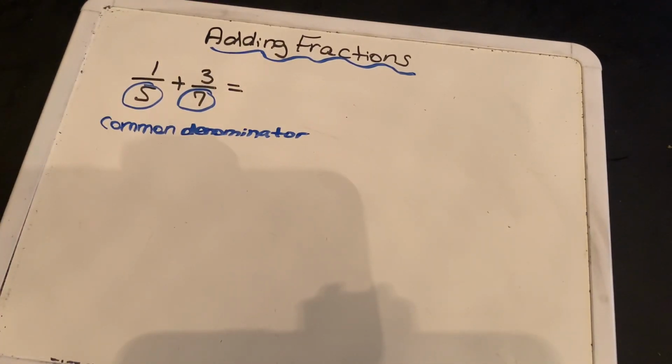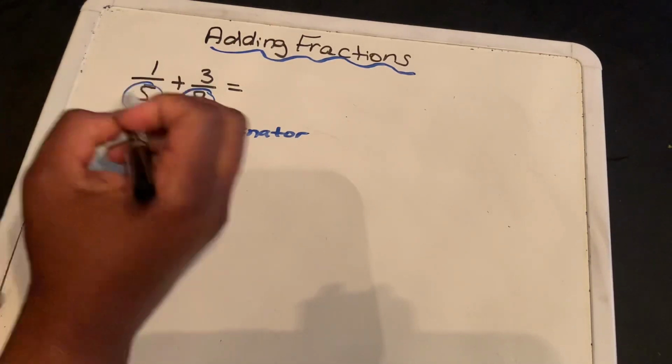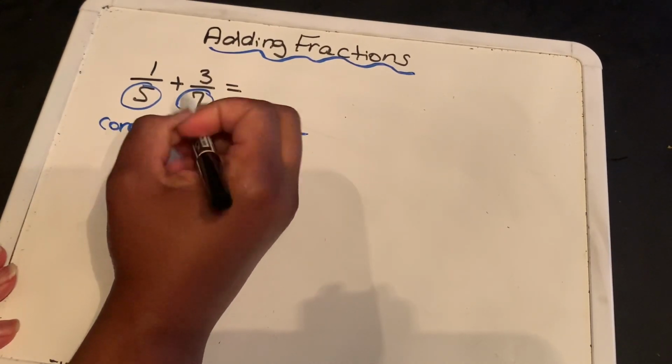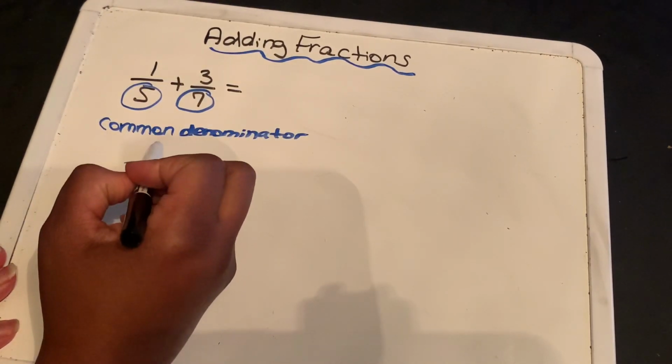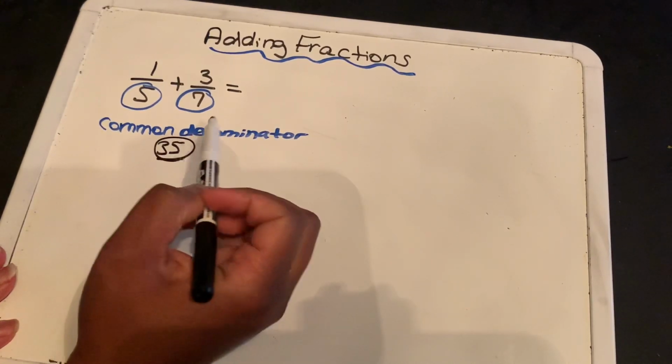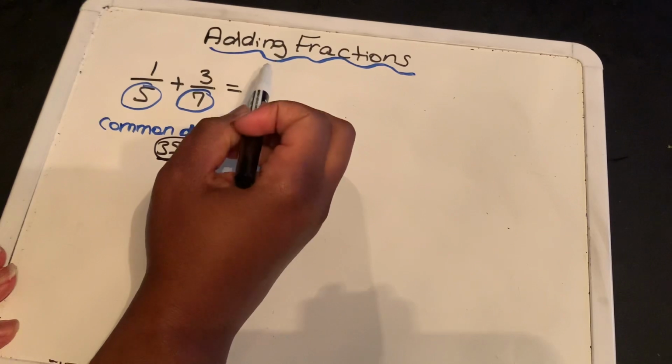Well, we know that 7 times 5 is 35. So that means that I will have to multiply the one on the top by 7. And once I do that, I will end up with 7 over 35.